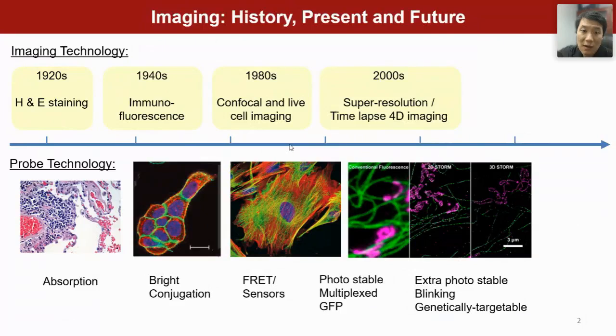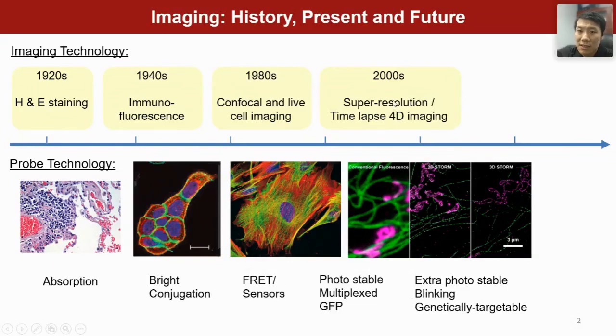At the same time, we have better and better probes. We have sensors based on FRET principles. We have photostable dyes. We have different colors, and eventually we have green fluorescent protein that we can genetically encode, which greatly expanded the bioimaging capacity.